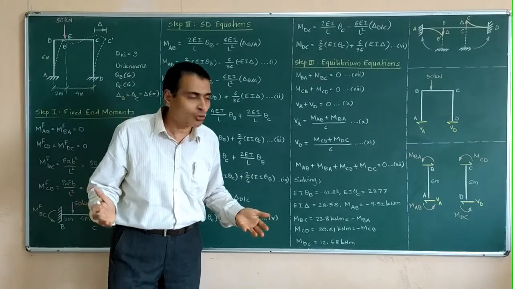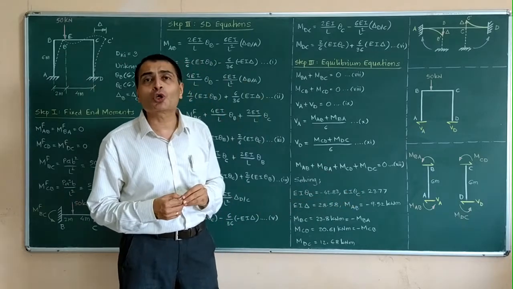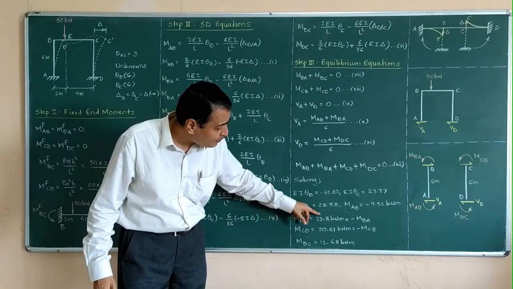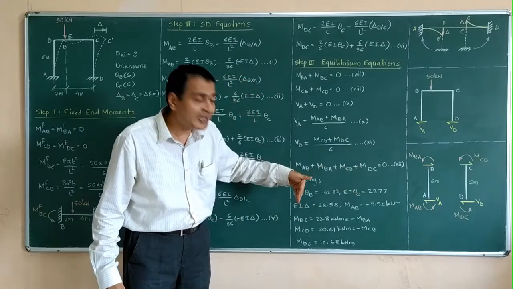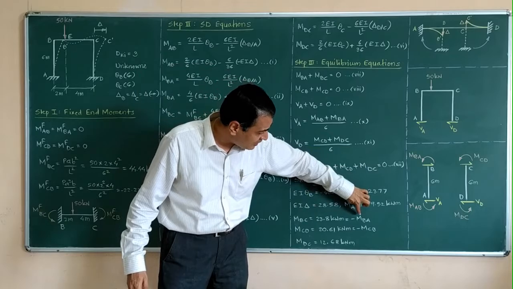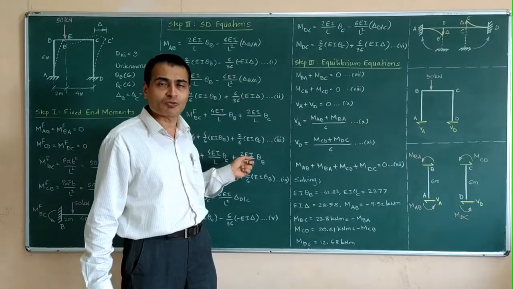get all end moments. M of AB negative 9.52 kilonewton meter, M of BC 23.8 kilonewton meter, M of BA will be negative 23.8 kilonewton meter. Actually, you will get naturally this answer first, followed by this answer from different equations.